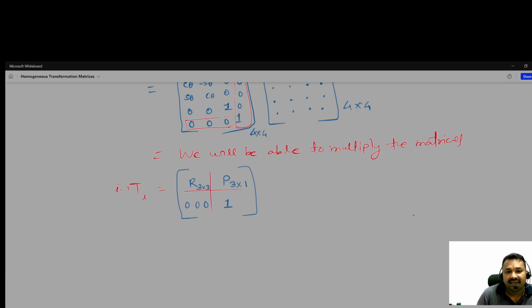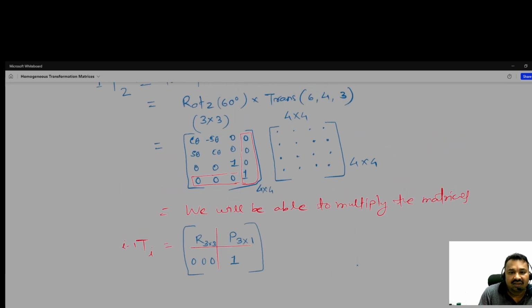Okay, but here in the rotation matrix, if you compare the translation matrix, here this one, so it will be 6 4 3 1. So it is what? This column is the position vector.